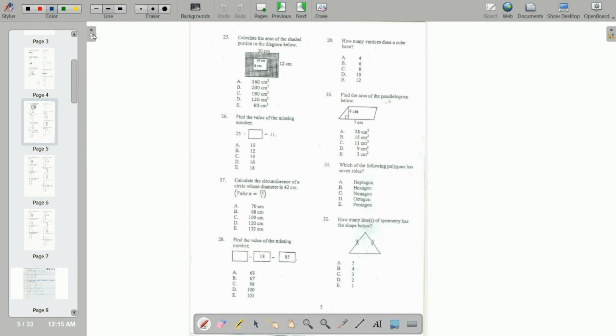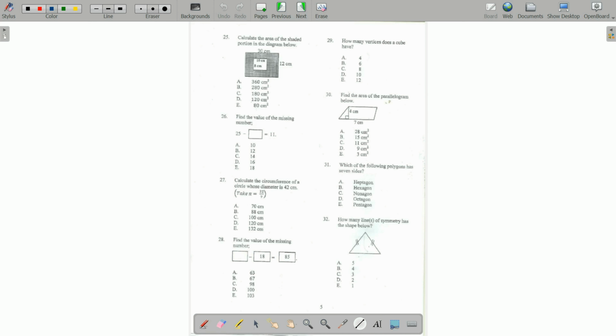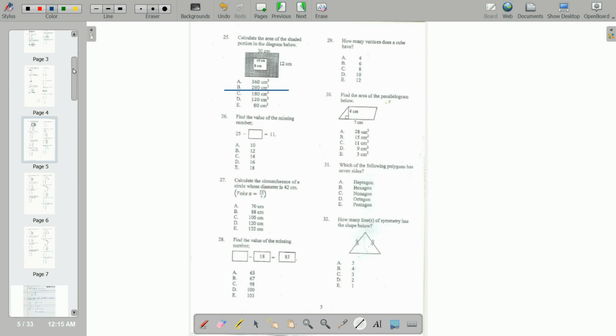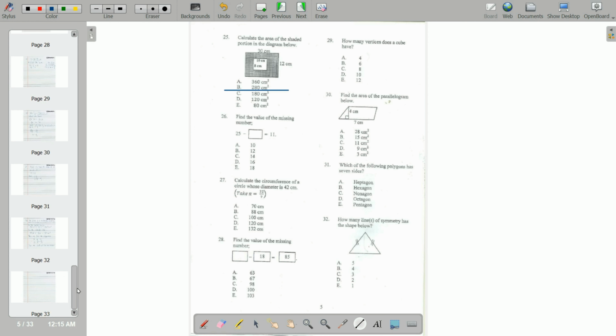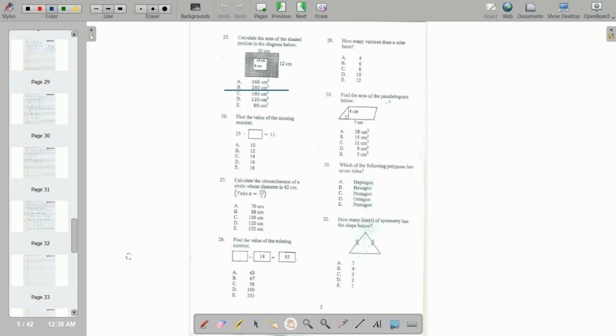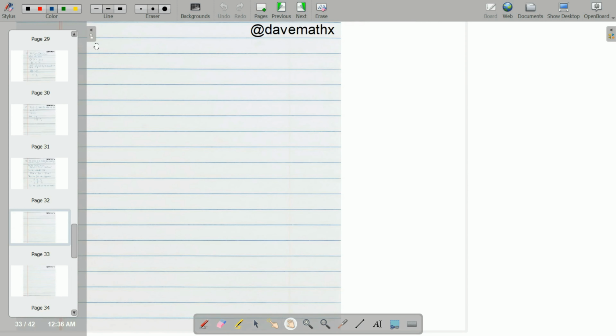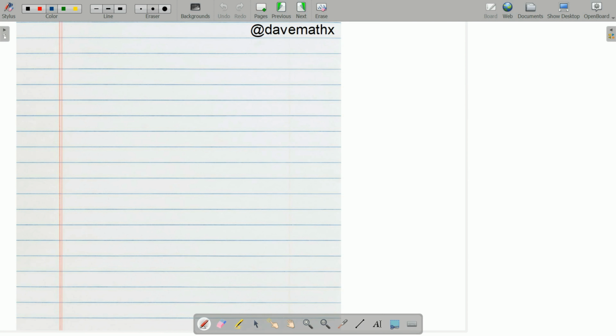Next is question 26. 25 minus box equals 11. What's the box?